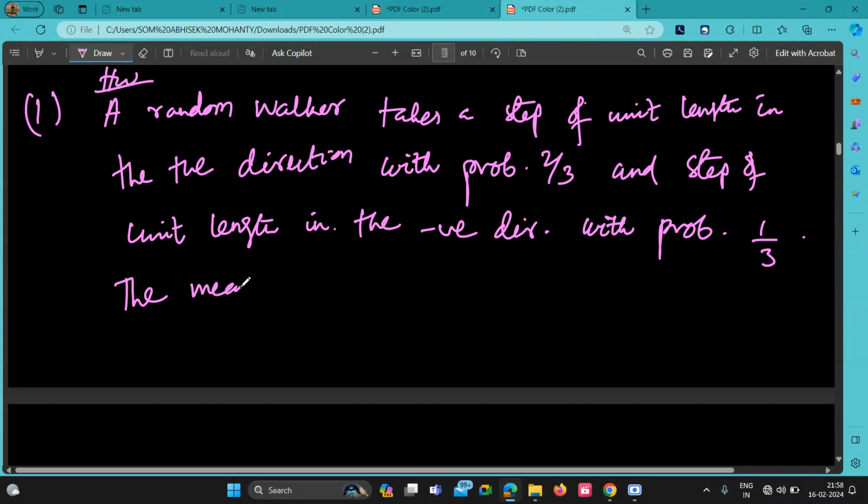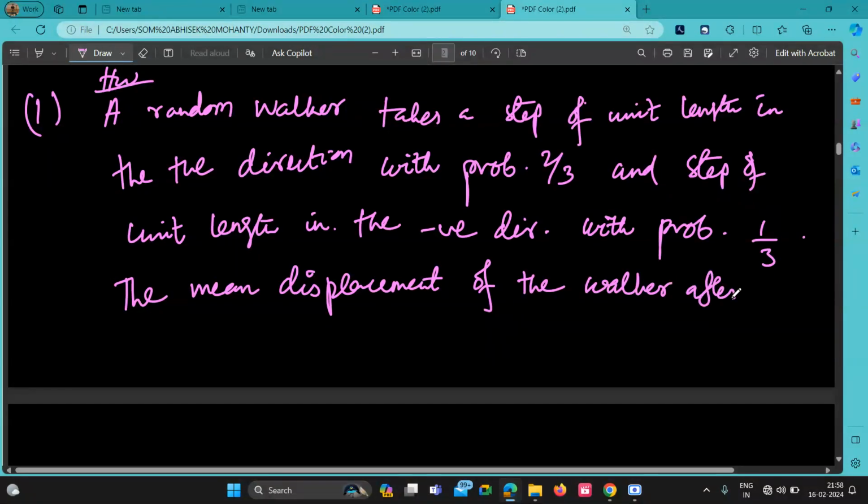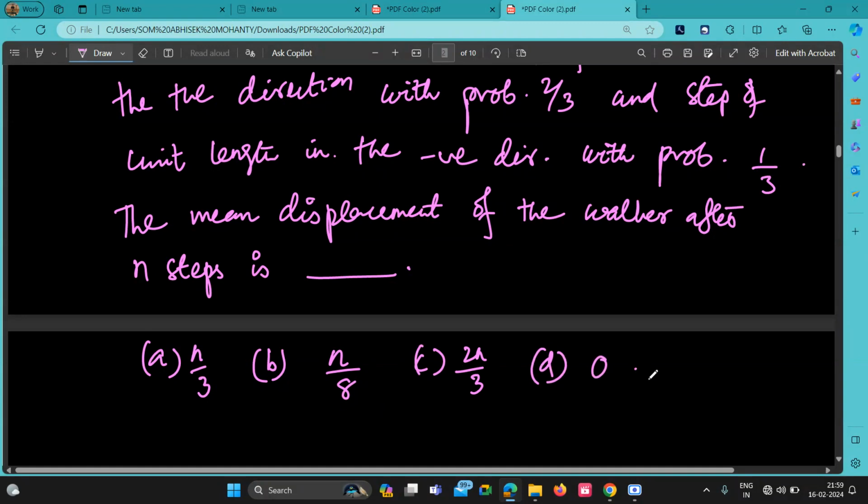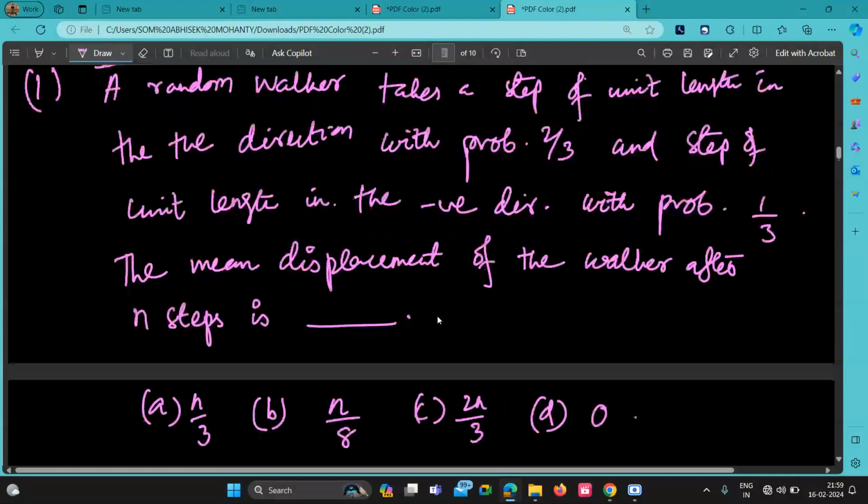The mean displacement of the walker after n steps is: option A 1 by 3, option B 1 by 8, option C 12 by 3, option D. Try this question at home.